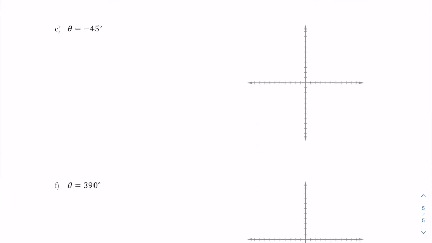All right, I mentioned this earlier in the video. Now we have a negative principal angle. So whenever you see a negative angle, that just means to rotate clockwise. Let's begin by labeling the picture.